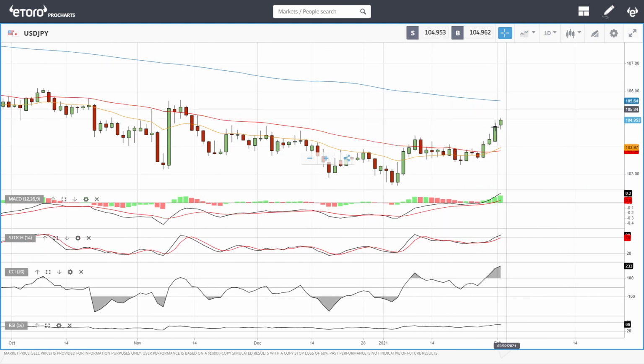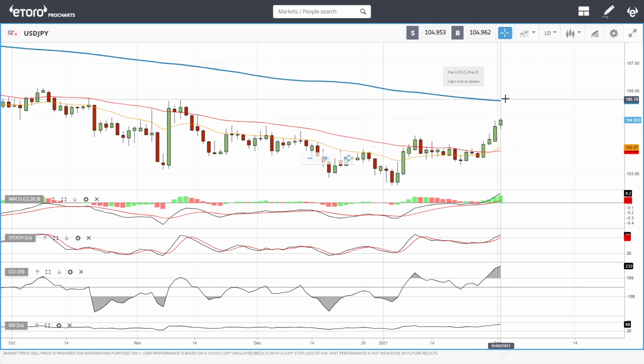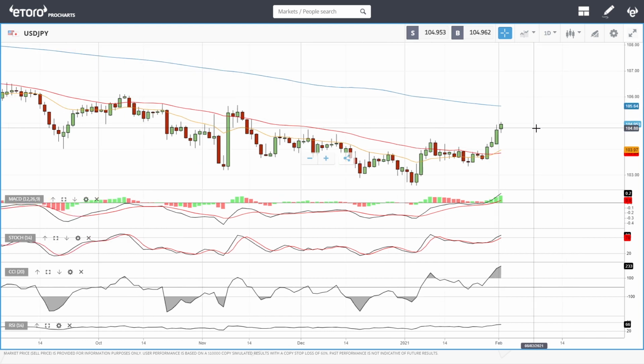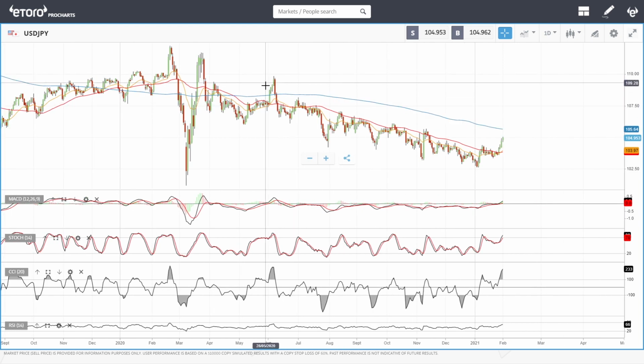But this is a major opportunity in order to sell this, because we could see a massive move to the downside when we get to the 200 moving average, or we could see something similar to what we saw back in June, where we rallied substantially above the 200 moving average and then just crashed, and we fell all the way down from roughly 109 all the way down to 102.